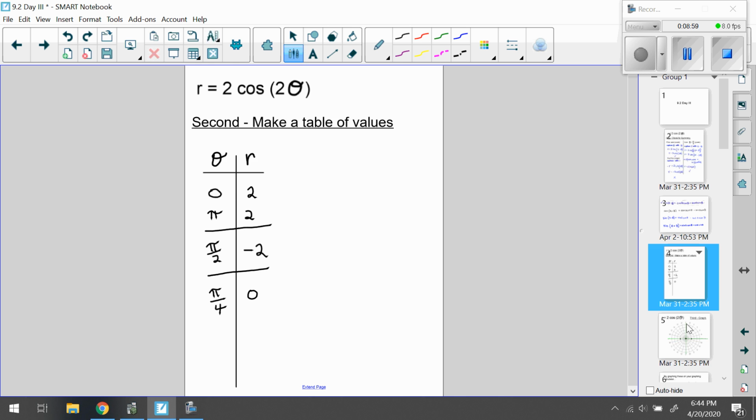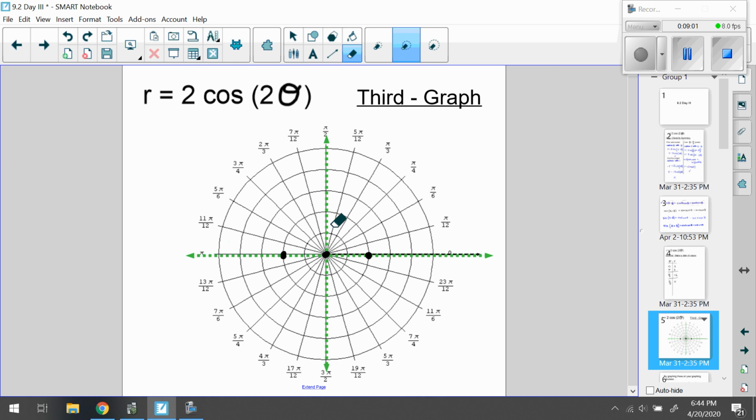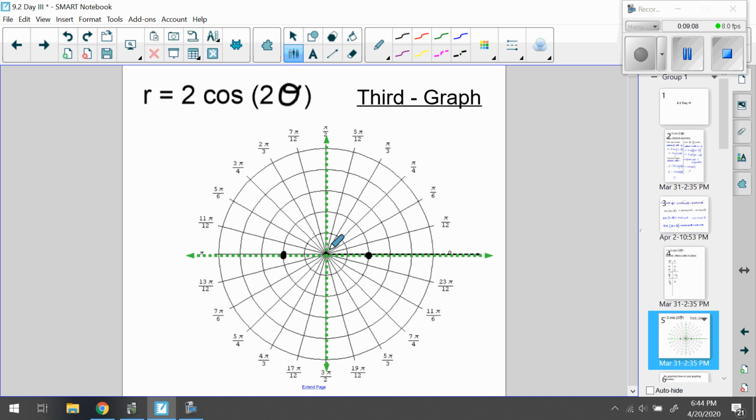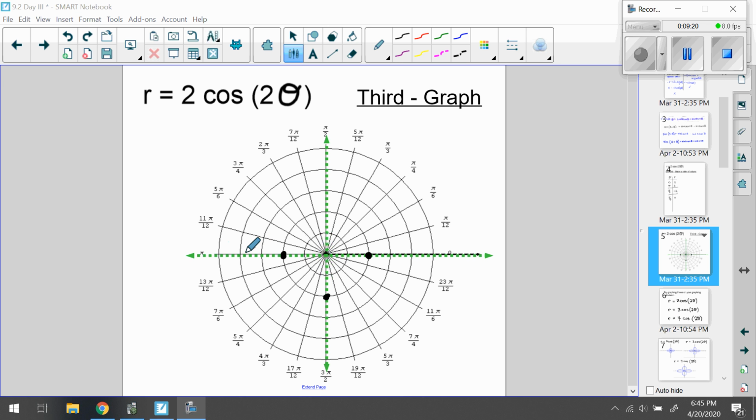And so if we take a look at that on our graph, I'm going to go back and erase this one. If I have (pi over 2, -2), pi over 2 normally tells us to go forward, but we're going to go back 2 places. So how about right here? And then again, if we know that we have symmetry over the polar axis here, that means there should also be a point here.